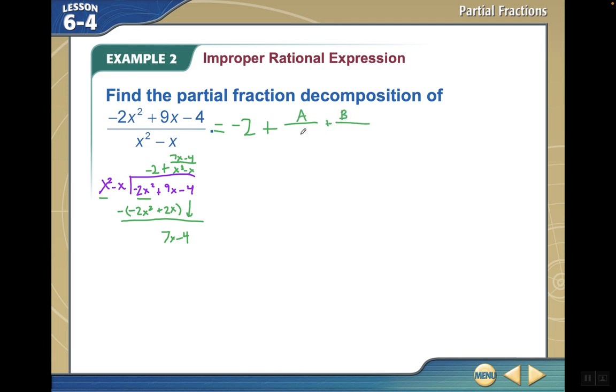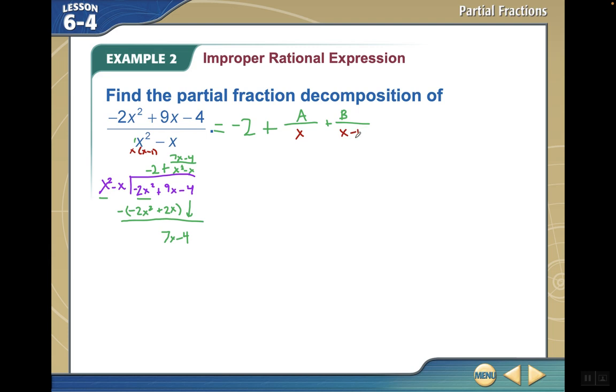These two factors, again, we're just going to factor the denominator. Since there's a GCF of x, if I pull out an x, I'm left with just x minus 1. So one of my denominators is x, and one of my denominators is x minus 1.